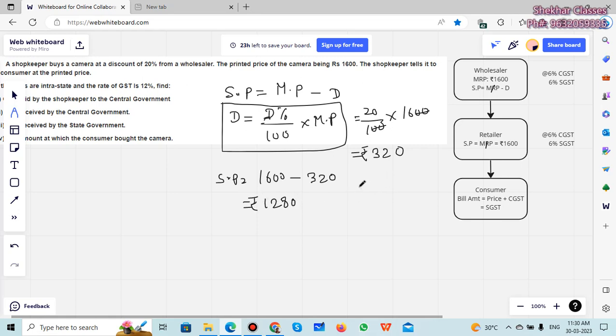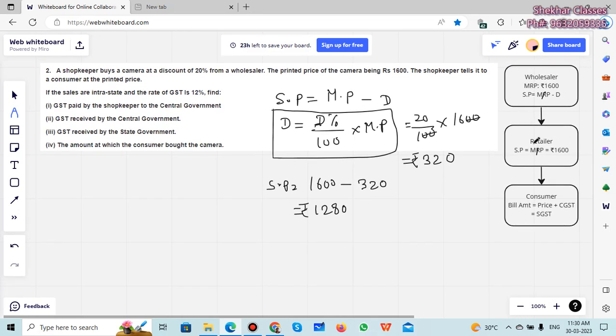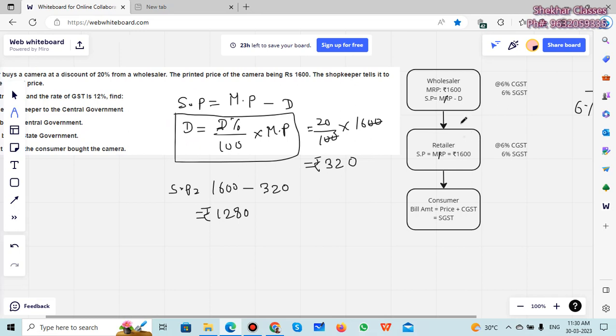So what is the selling price for the wholesaler? He has sold it for what price? So I will write it is rupees 1280. What is that? Rupees 1280.